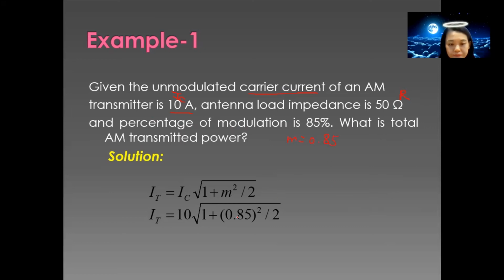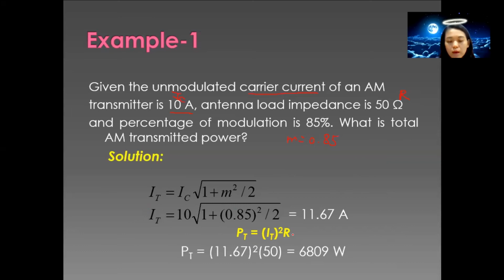We substitute M and get the value 11.67 amperes. Then we calculate P total, the total transmitted power, equal to I total squared times R. So I total is 11.67 squared multiplied by 50, and we get 6,809 watts. Done for example 1.